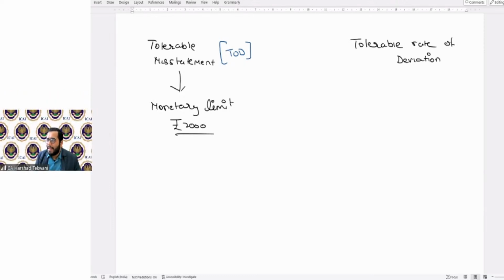Now comes the second area, the tolerable rate of deviation. Okay. Now, what is the tolerable rate of deviation? This concept is used in test of controls. When I talk about tolerable rate of deviation, it means a prescribed rate of deviation. Here I am using the rate, so it is in percentage.